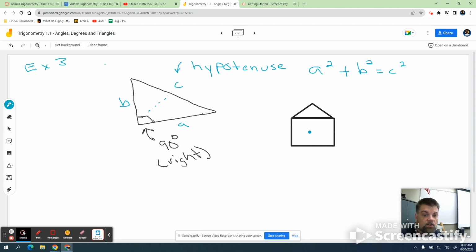And I say to you that the height of the house right here is 8 feet. Okay. And then I have a ladder, and that ladder goes to my roof and extends out this way. And it's 10 feet. How far is the distance from the ladder on the ground to the house?